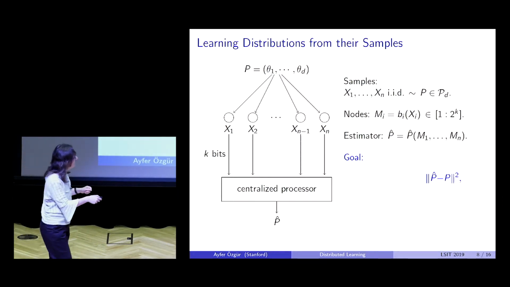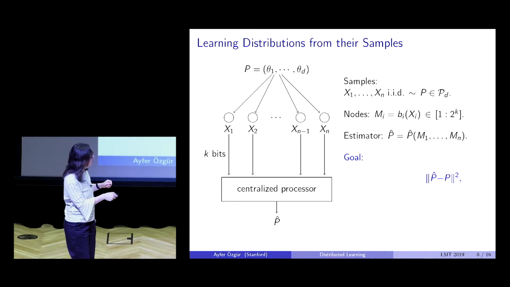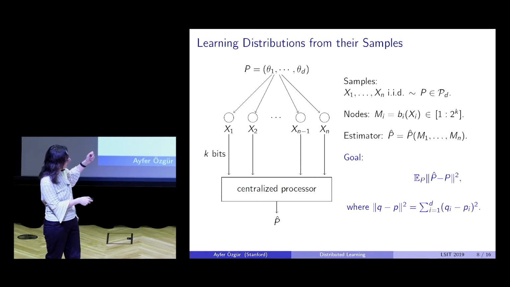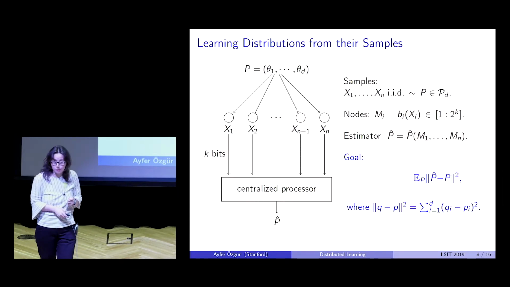Note that the estimate will be random, because it depends on the samples we observe. So for a given estimator, we would like to look at its expected error, when the true distribution turns out to be p.